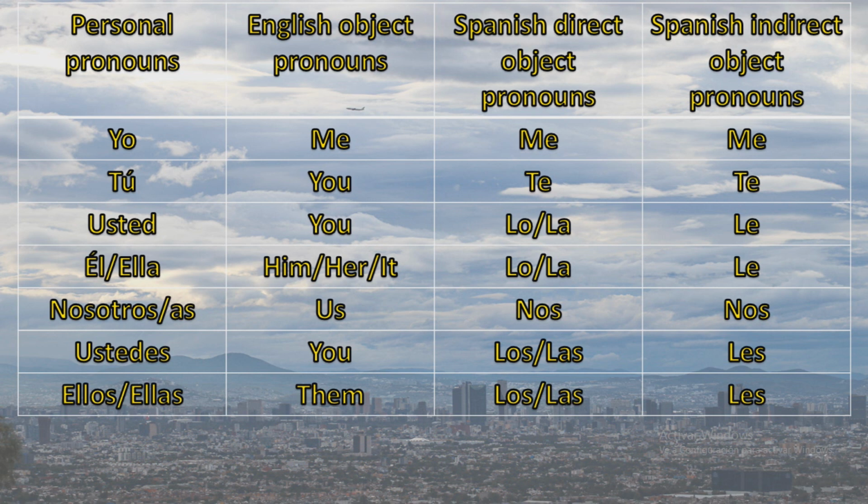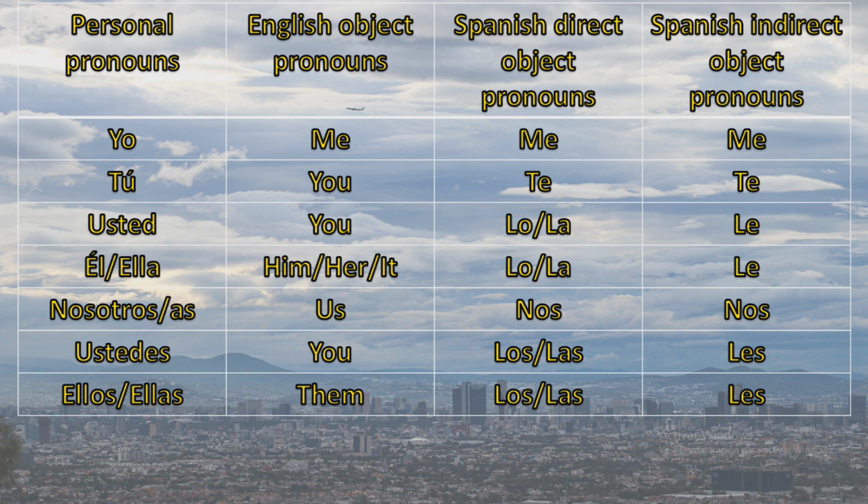But if I don't use the direct object pronoun, so I say yo siempre le compro un regalo en Navidad. It's a little tricky, but you have to get used to it. Sorry for that, but once you get to it, it's easy. Okay? Once you get used to it, it's easy.